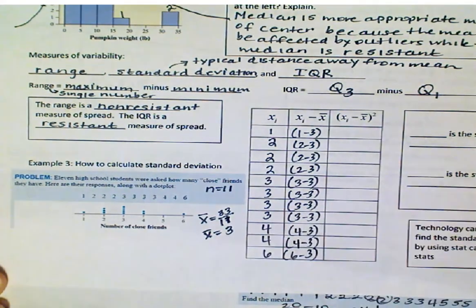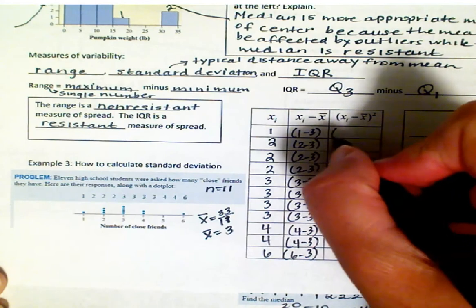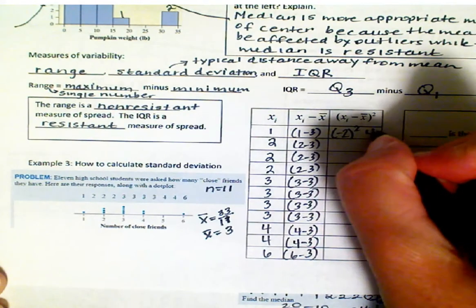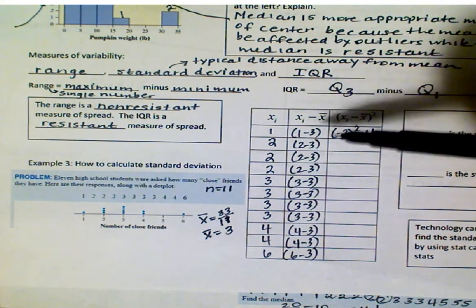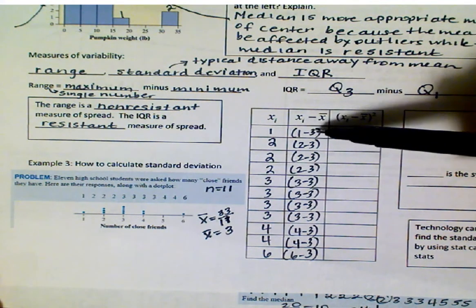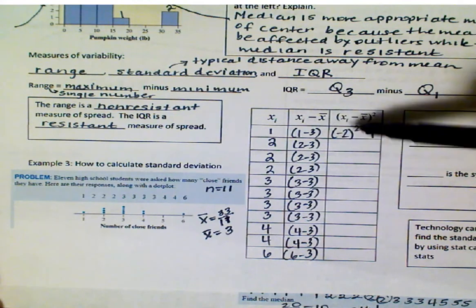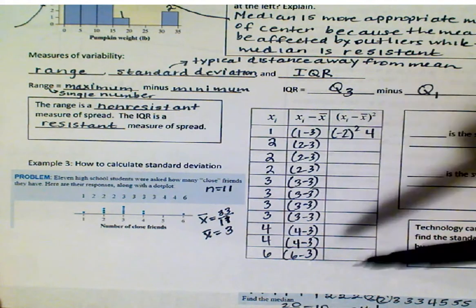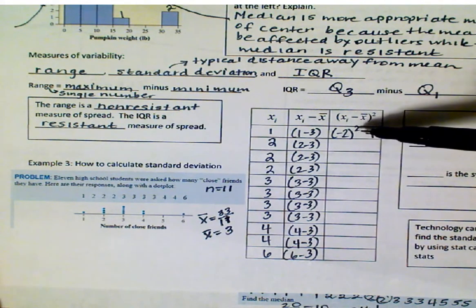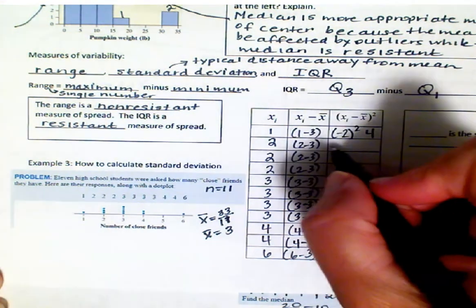Okay, so the next thing we're going to do is find that difference and square it. You are finding the distance from the mean. But sometimes if you have negative values, they're going to cancel out with the positive values. That's why we're going to square those values.